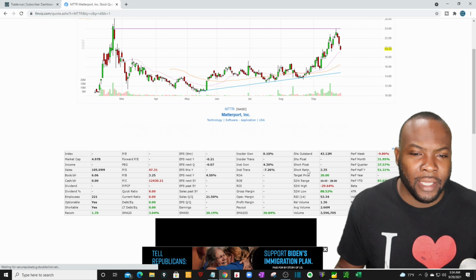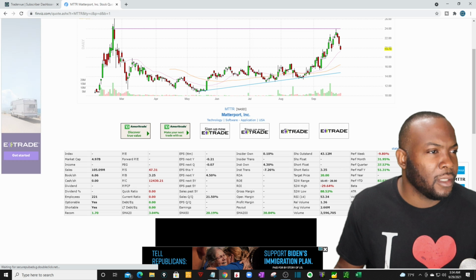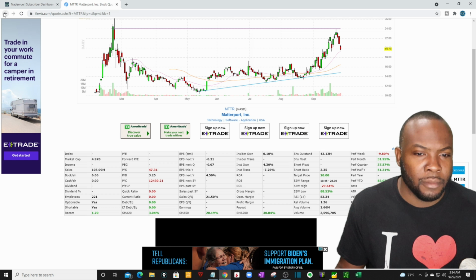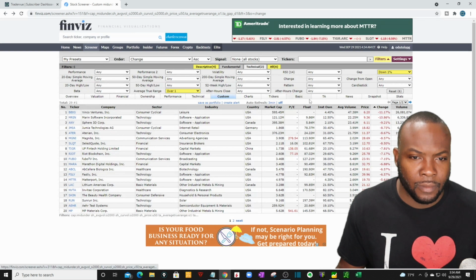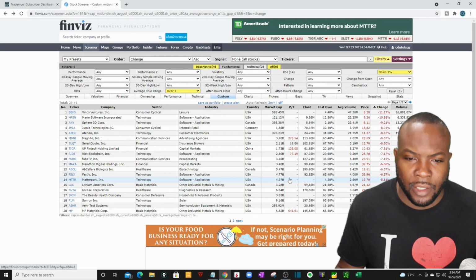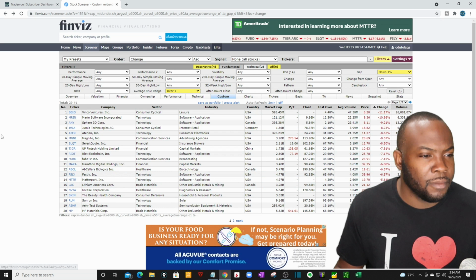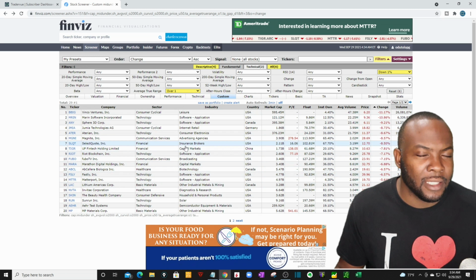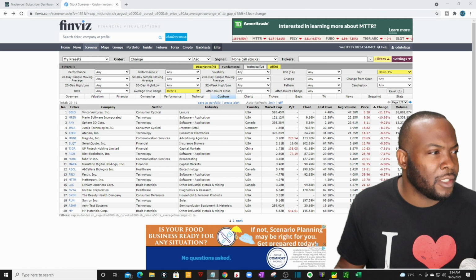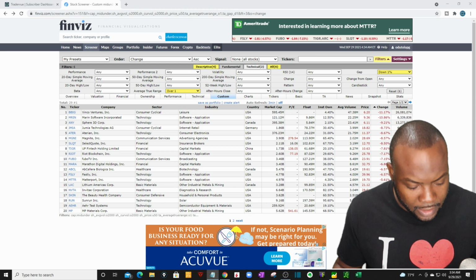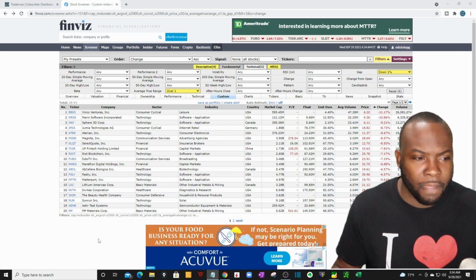Right here it doesn't show what the float is, but I think, remembering from yesterday, it actually was a mid float, so I'm going to leave it on here. MTTR is going back to my list.